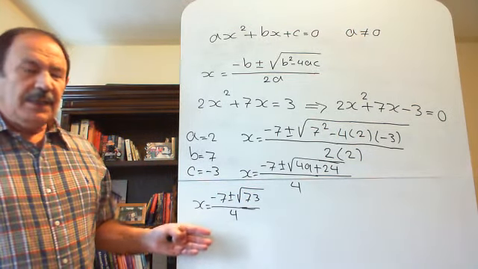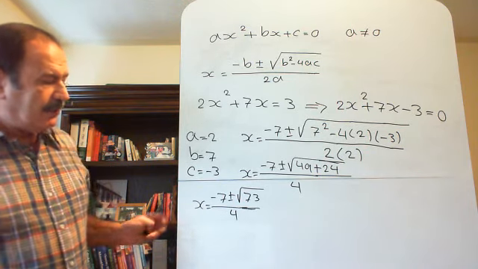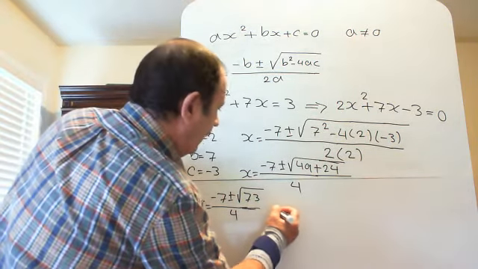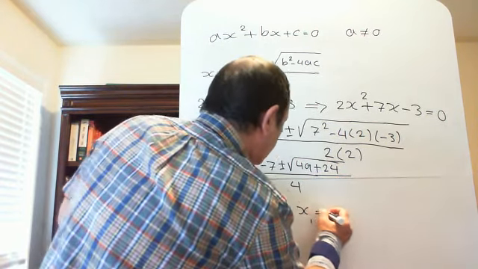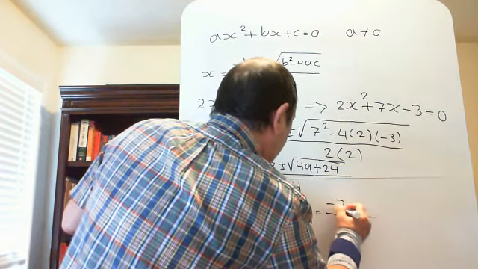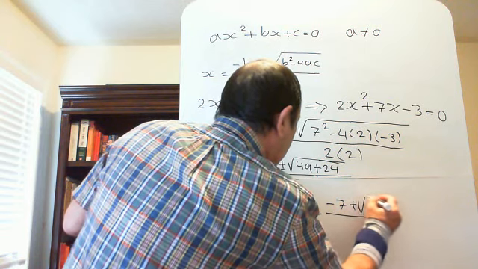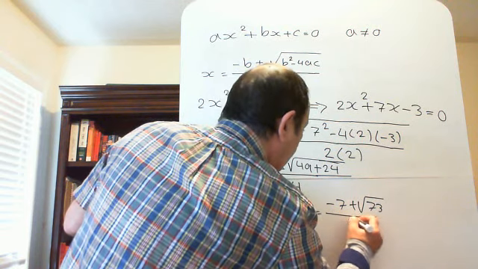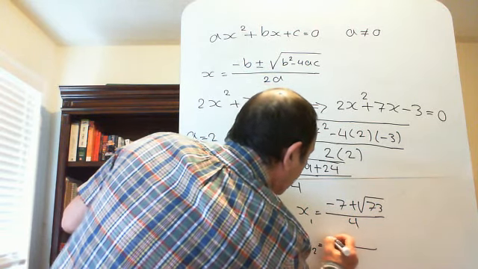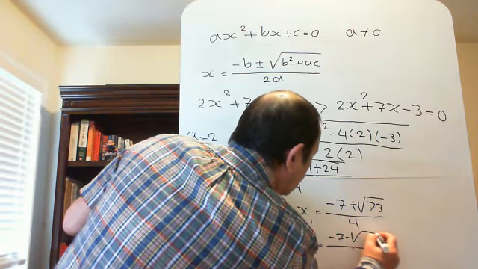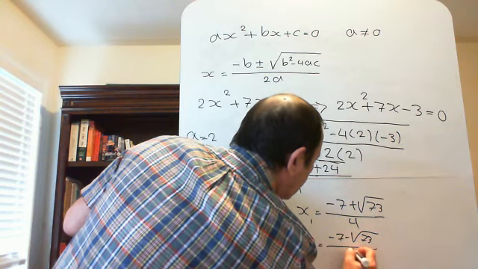So this is going to be our final answer, but how many answers do we have? One answer, x1, is going to be equal to minus 7 plus radical 73 over 4, and the other answer, x2, is going to be minus 7 minus radical 73 over 4.